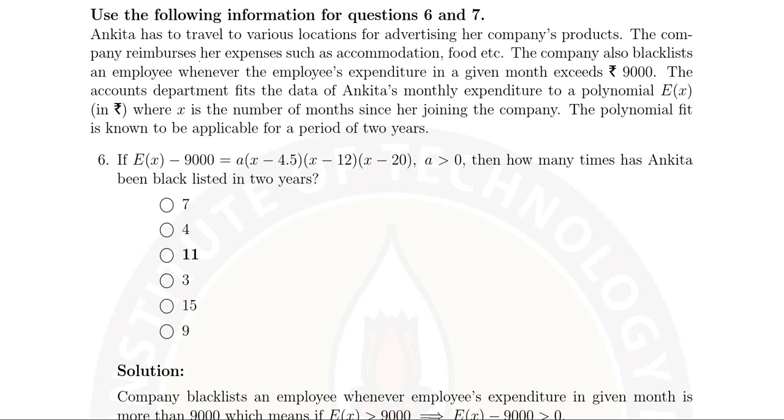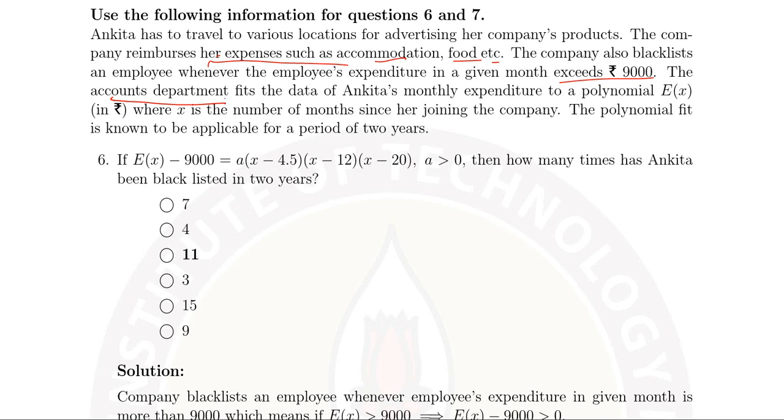The company reimburses her expenses such as accommodation, food, etc. The company also blacklists an employee whenever the employee's expenditure in a given month exceeds rupees 9,000. So basically, in a particular month, when the expenditure is more than 9,000, the company blacklists the employee.